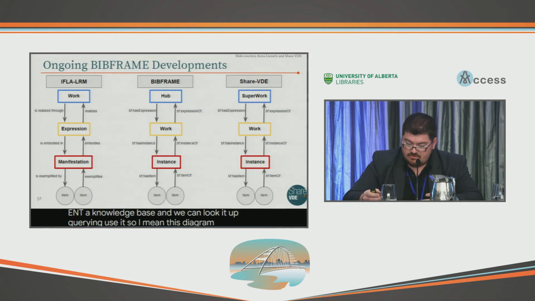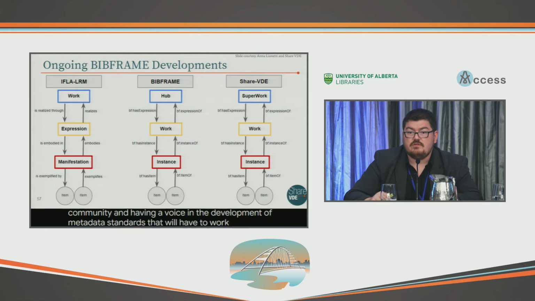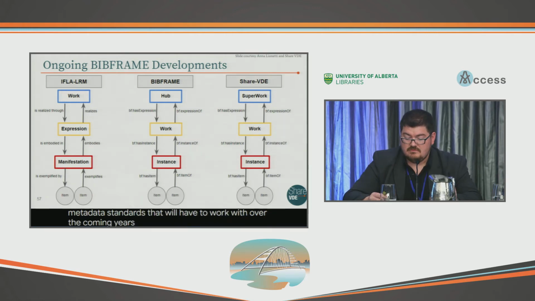So this diagram does further highlight updates to BIBFRAME as a result of the work of Share VDE. But also, without diving into this in too much more detail, it points to the value of engaging with the wider community and having a voice in the development of metadata standards that we'll have to work with over the coming years.